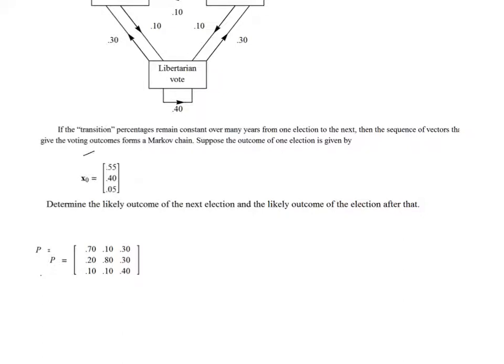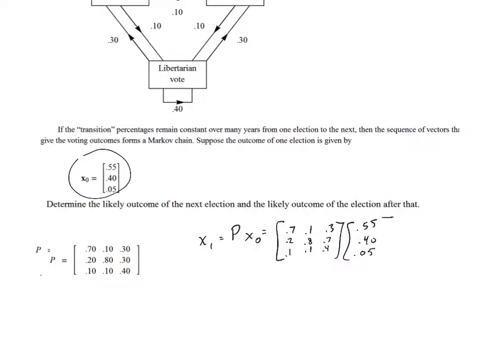So if my x naught is this vector here, then x1 is equal to P times x naught, which is, and I'm not going to write down all the zeros, 0.7, 0.2, 0.1, 0.10, 0.80, 0.10, 0.30, 0.30, 0.40. That gets multiplied by my x naught vector, 0.55, 0.40, 0.05.